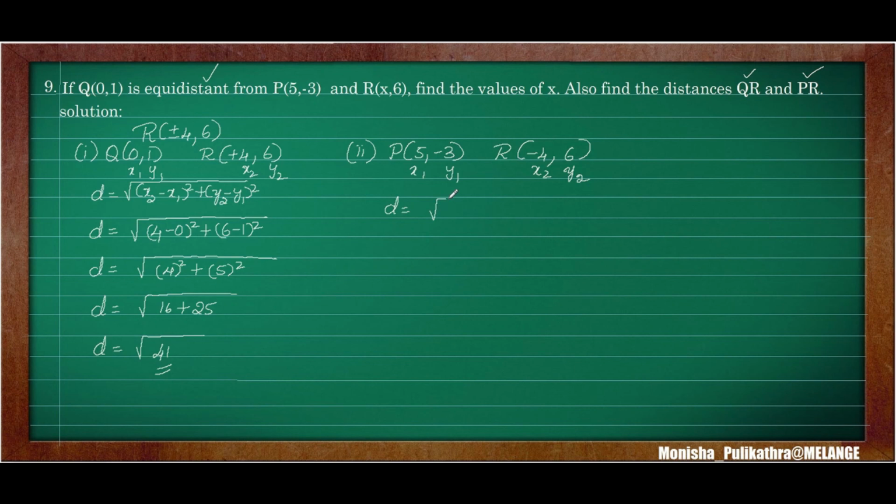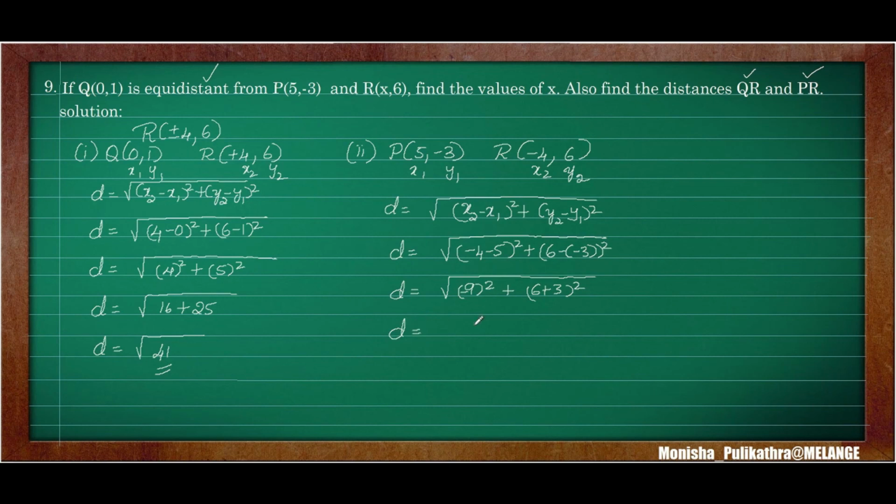So applying the distance formula, x2 minus x1 whole square plus y2 minus y1 whole square. So d is equal to square root of minus 4 minus 5 whole square plus 6 minus of minus 3 whole square. So d is equal to square root of minus 9 whole square plus 6 plus 3.